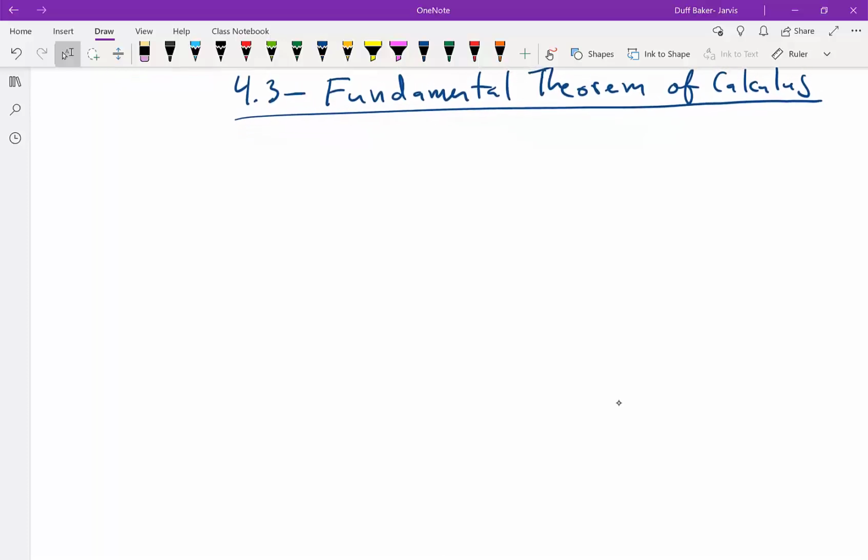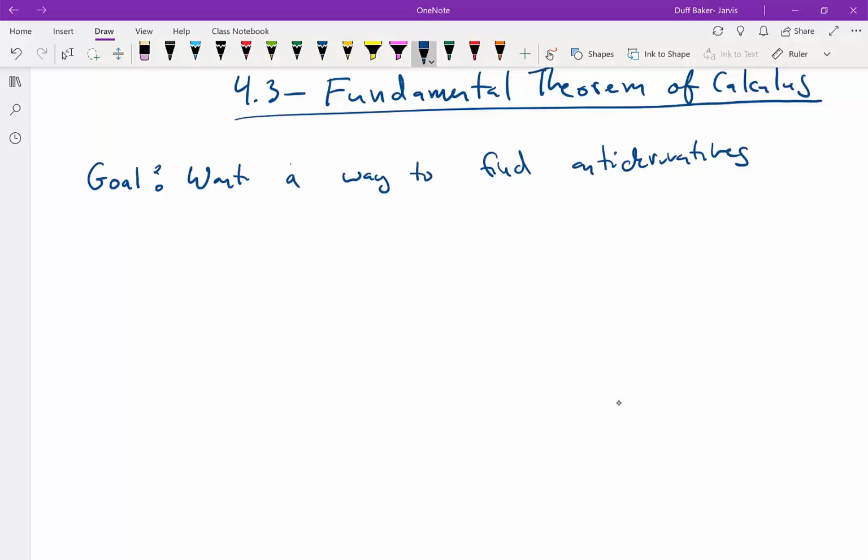And so, the reason we started everything in chapter 4 with all those rectangles and areas and stuff was we want a way to find antiderivatives and understand what they mean sort of graphically.